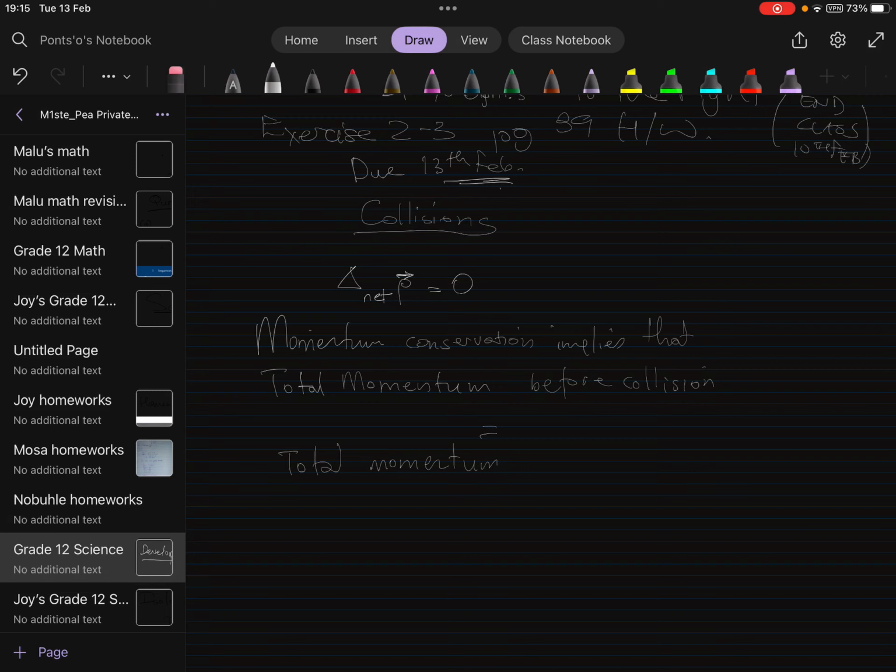We call that system isolated because even though there might be other objects at play, if we're focusing solely on two objects, then we are isolating that system. And we call it a system because it's two objects, each with its own momentum contributing to the total momentum of the system itself.